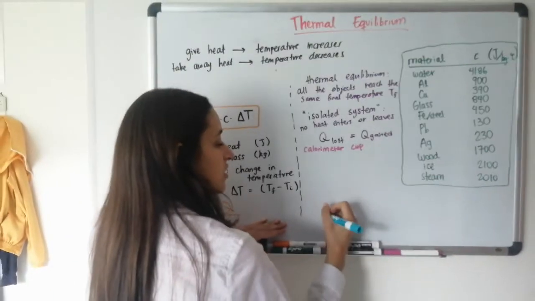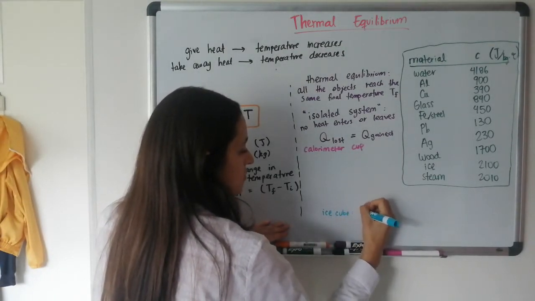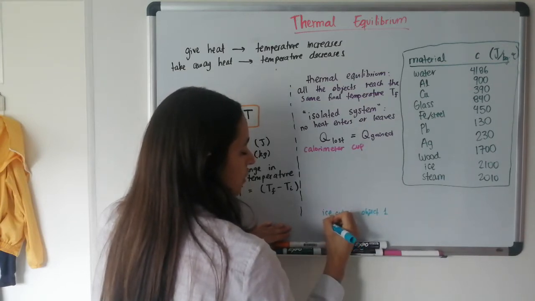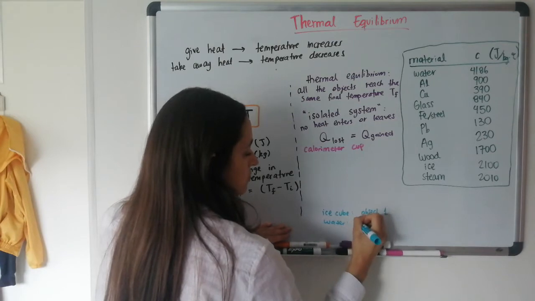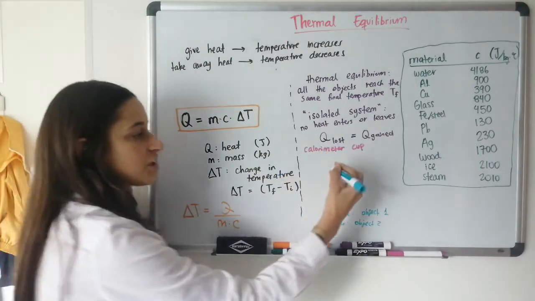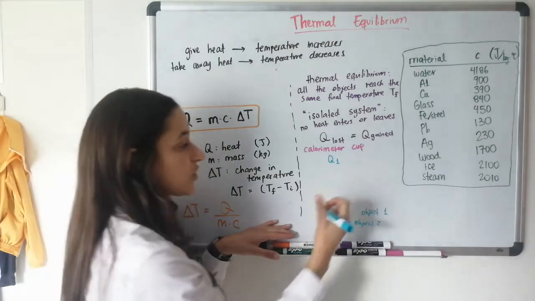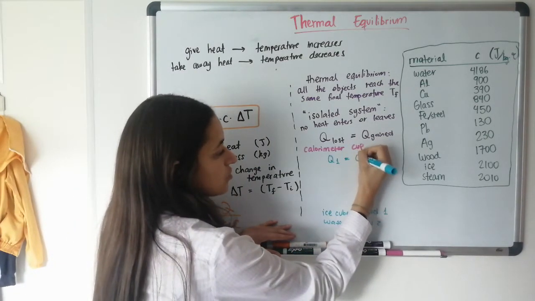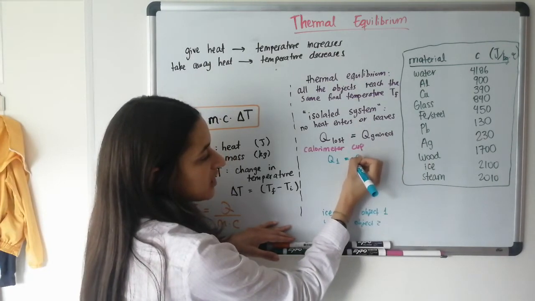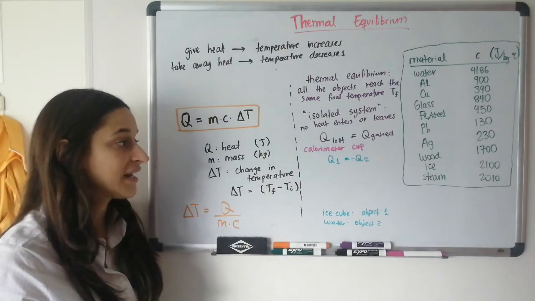We'll call the ice cube our object 1, and the water our object 2. The Q that object 1 will gain, because it's the cold one, is going to be equal to the Q that object 2 loses. Because one loses and one gains, we have a negative sign right there.